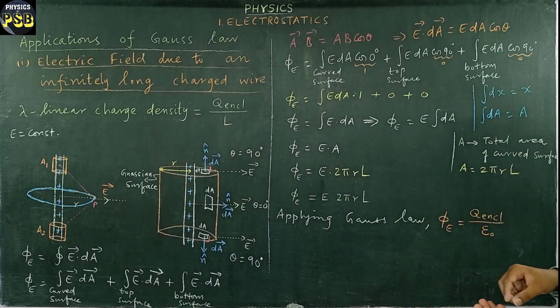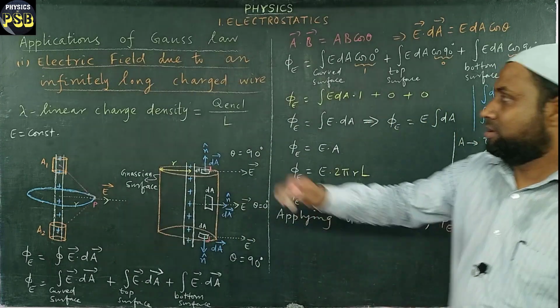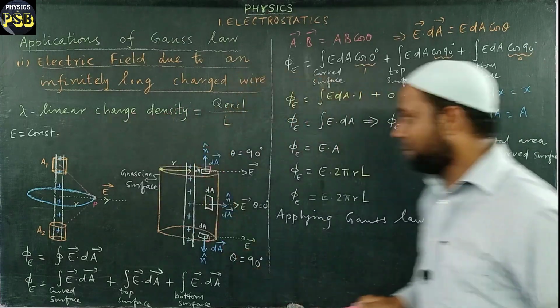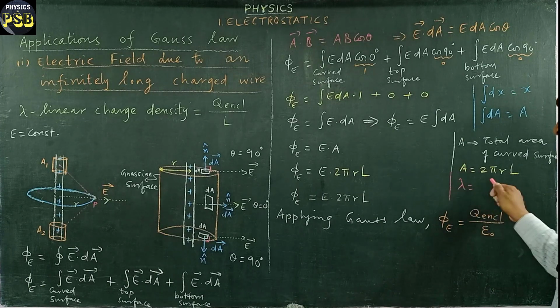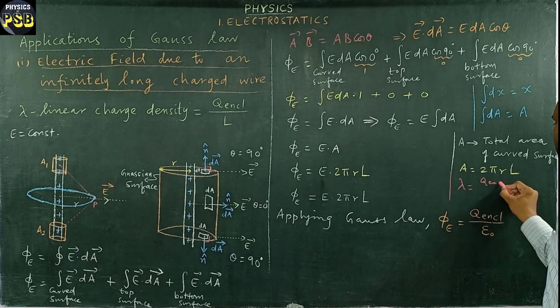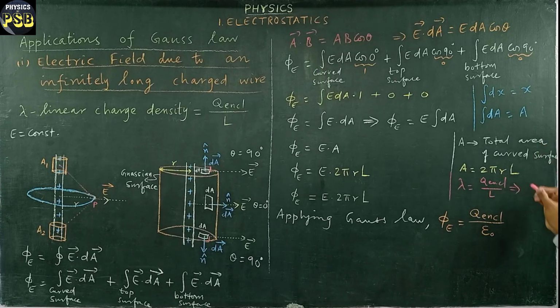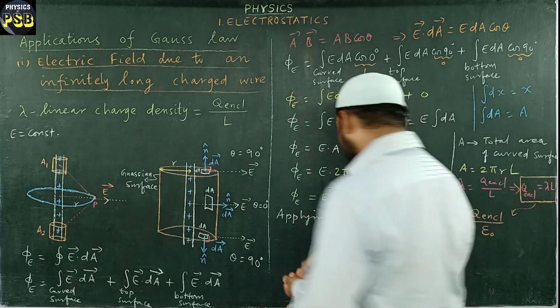So what is this enclosed charge? To get this, I use this expression. We know lambda is equal to Q upon L. So from this, the enclosed charge is obtained by cross multiplication, lambda into L. Now this I am going to use here. You see what I get if I do so?